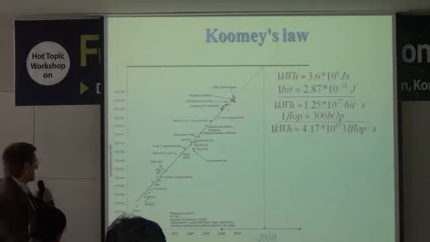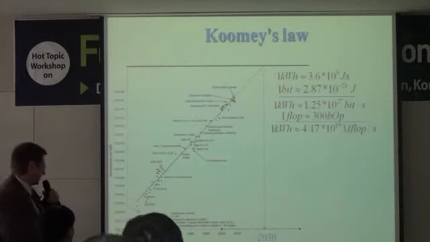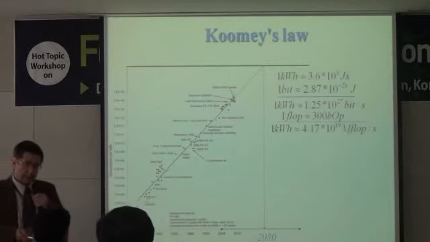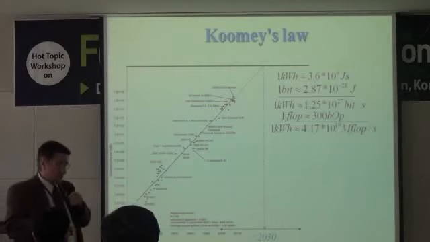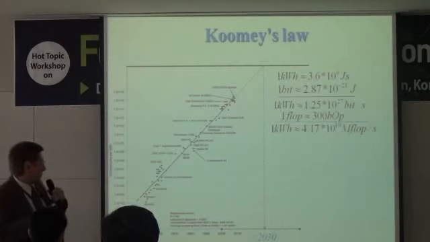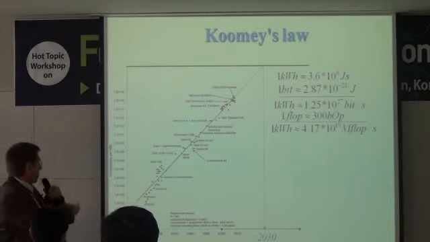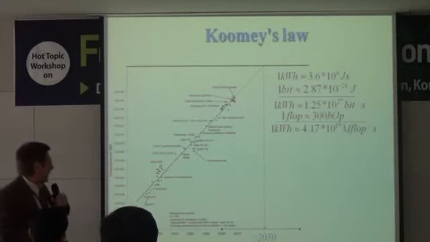Then we will reach the thermodynamical limit approximately in 20 years, something like that. Then it seems that Moore's law will reach the limit. Koomey's law will also reach the limit.